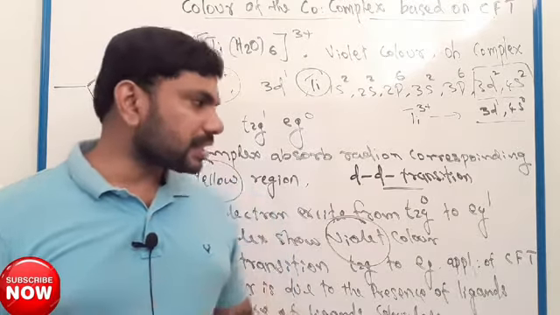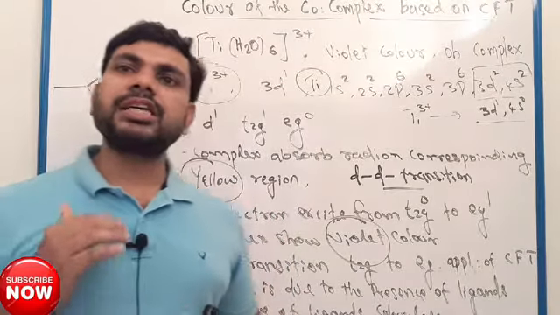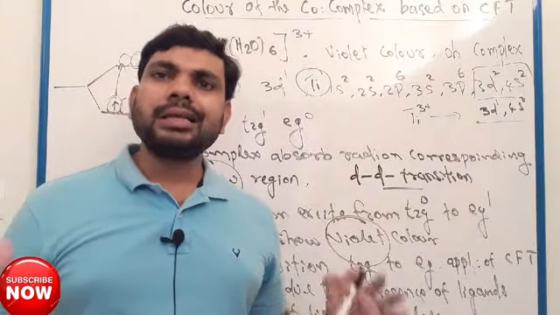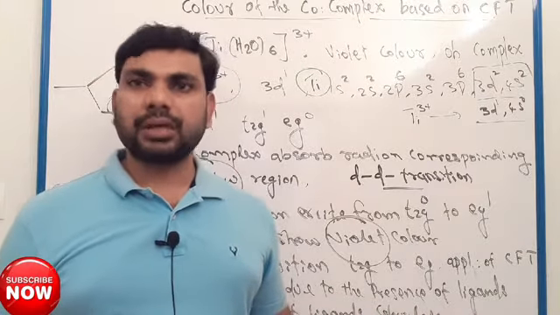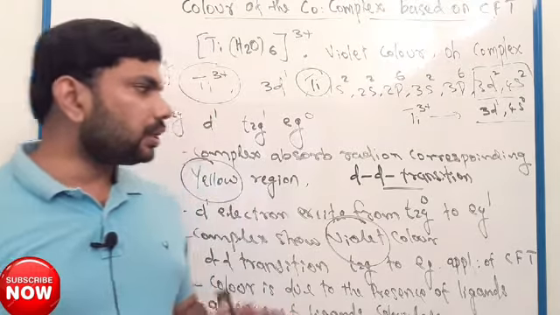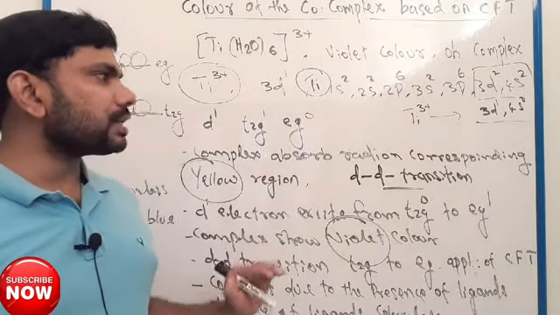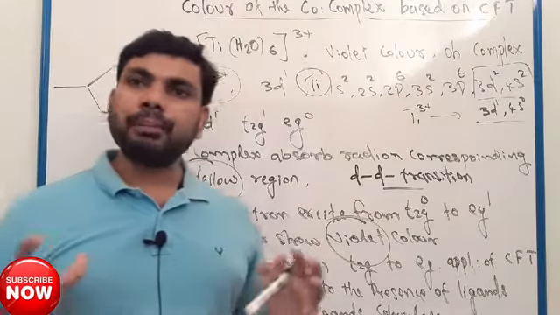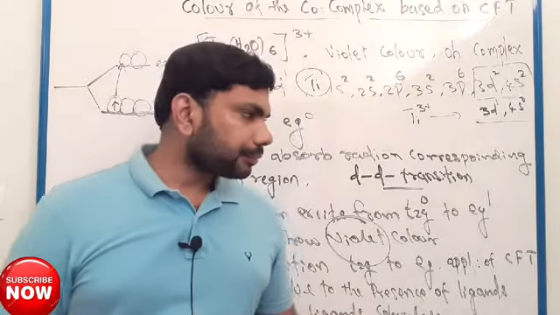So crystal field theory says that there is a dd transition and this dd transition produces color. Here you understand the dd transition also gives a complementary color.